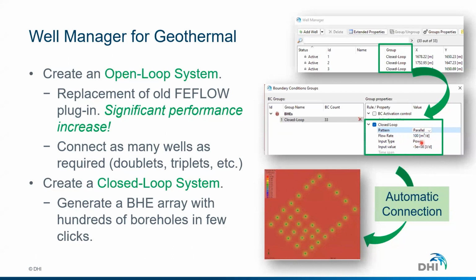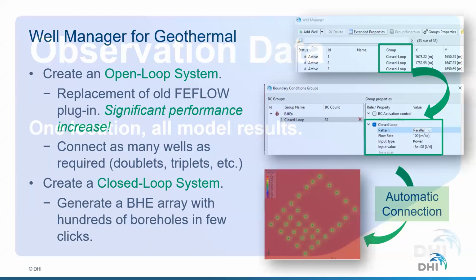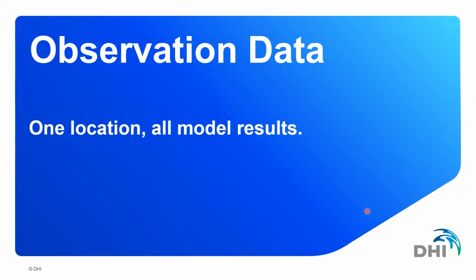Power will be in joules per day. If it is energy, it will be in kilowatt hours or megawatt hours, for example. And that tool nicely connects all the different boreholes automatically. What before took you a lot of time, you can now simply do with a maximum of 3 clicks.